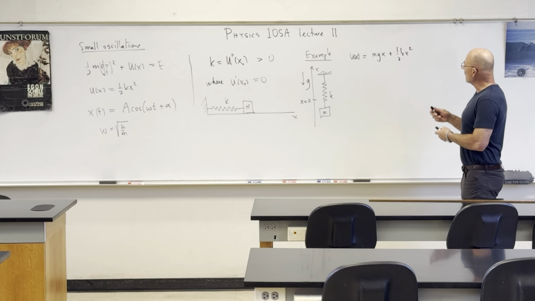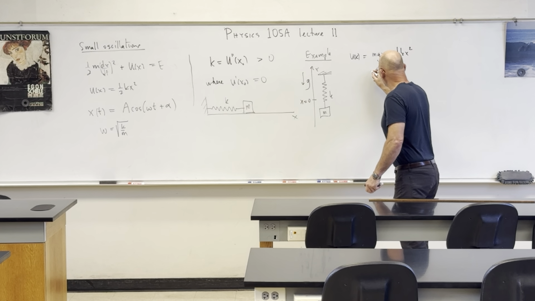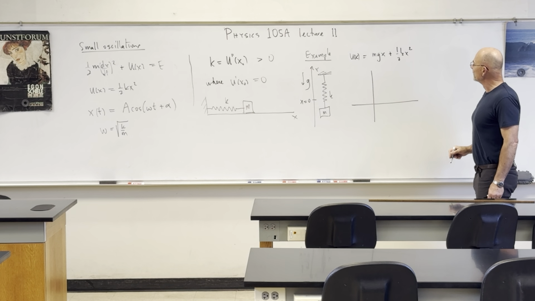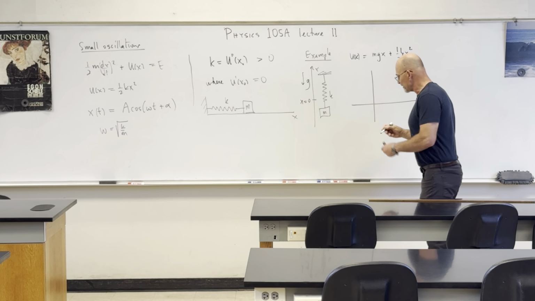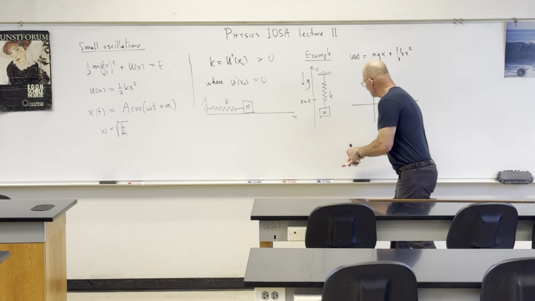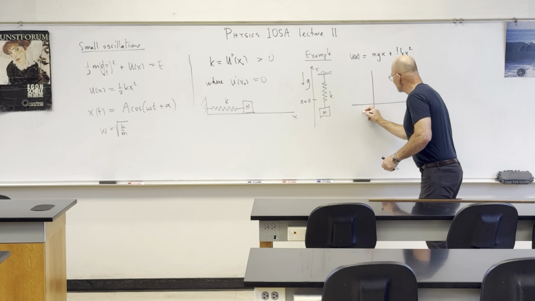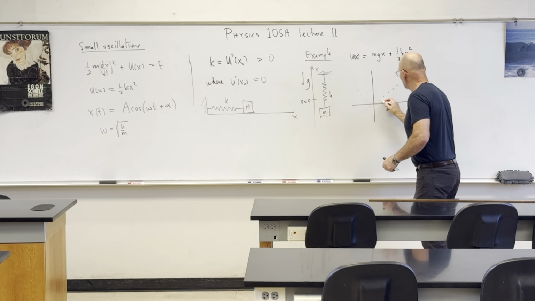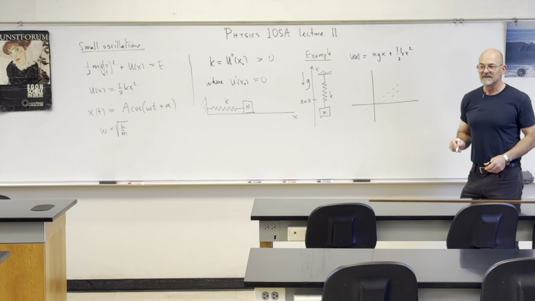So what's the graph of this? You know we love graphing things. The graph of this is the sum of a straight line and a parabola.